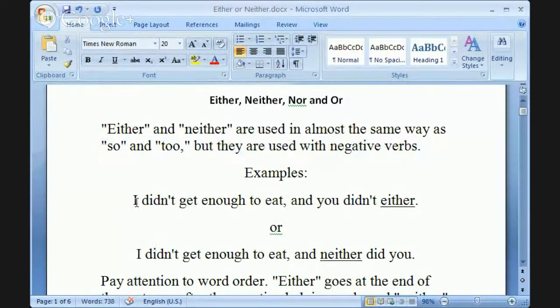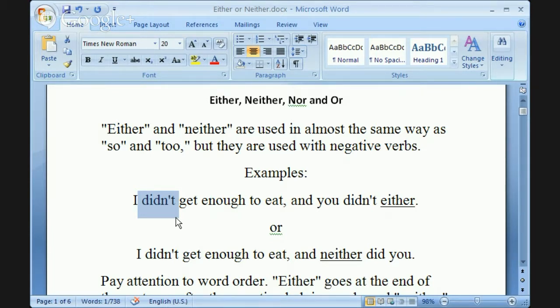For example, I didn't get enough to eat and you didn't either. I didn't get enough to eat and you didn't too. Sounds very, very odd. Now, if I change this to a positive instead of a negative, I get enough to eat and you do too.